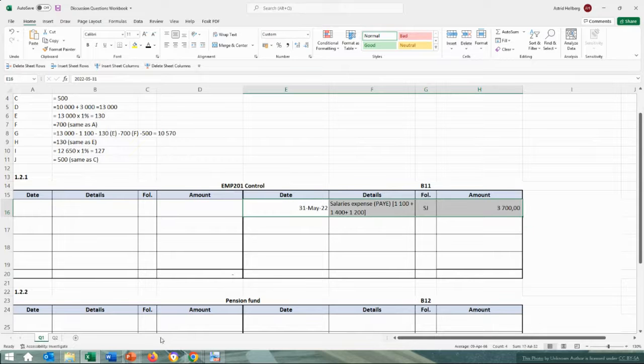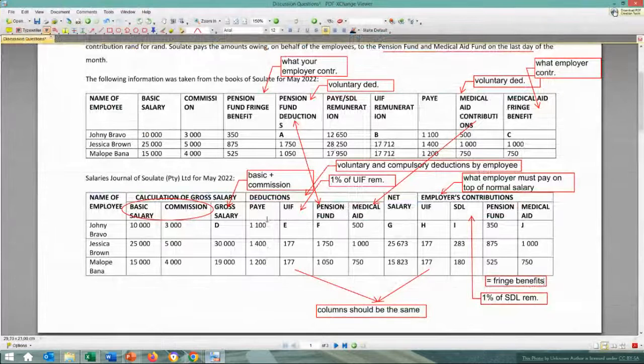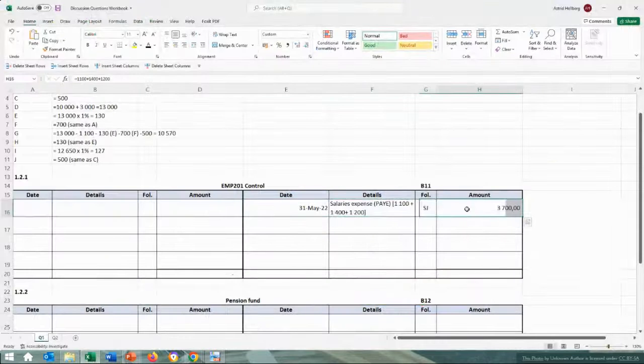That is our normal deductions. It's this column here. We add those three amounts to get to a value of 3,700 Rand. It's salary expenses because it goes against the salary expense account, but this is our creditor account. So we credit the EMP 201 control account, which is a creditor account.